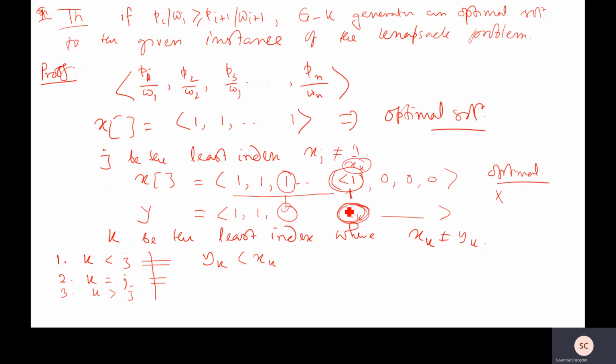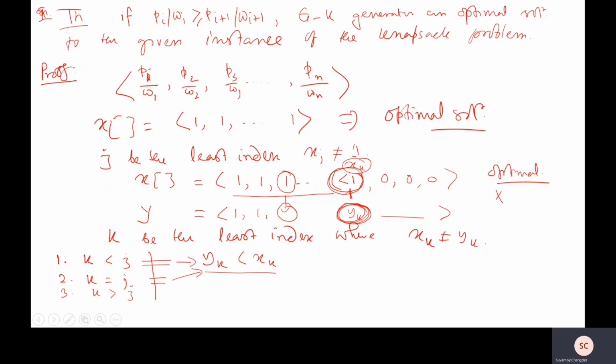Now, yk is not equal to xk, so yk cannot be greater than xk, because it will exceed the capacity of the knapsack. Therefore, there is only one option, that yk must be less than xk. So here yk is less than xk, here also yk is less than xk.